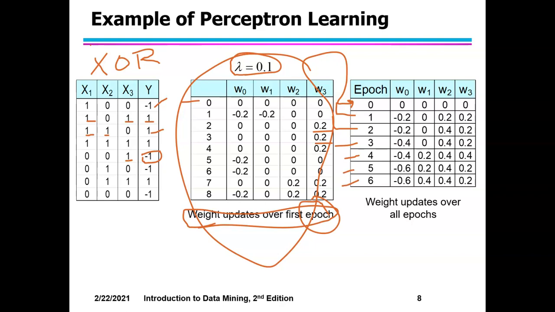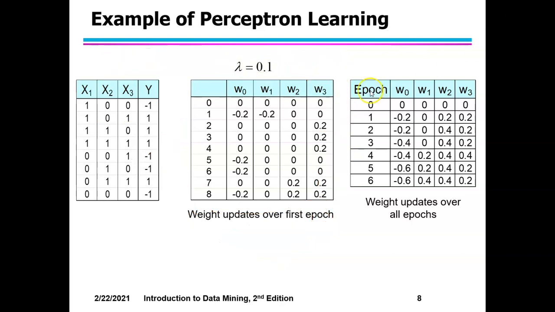If you don't include the first epoch, then it will be six, but if you include it, the total will be seven. So these are the weight updates over all epochs. You need to clarify what epochs are: an epoch is one full repetition of your neural network, right?